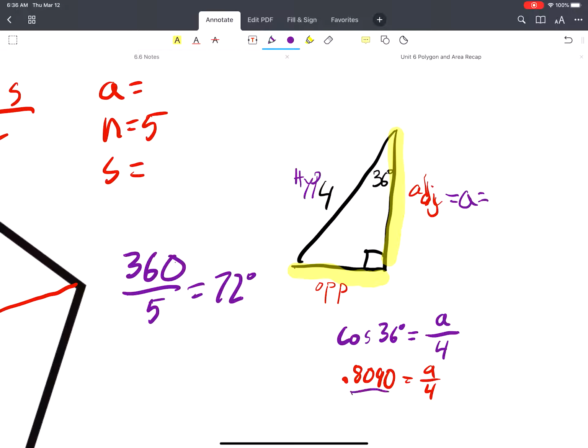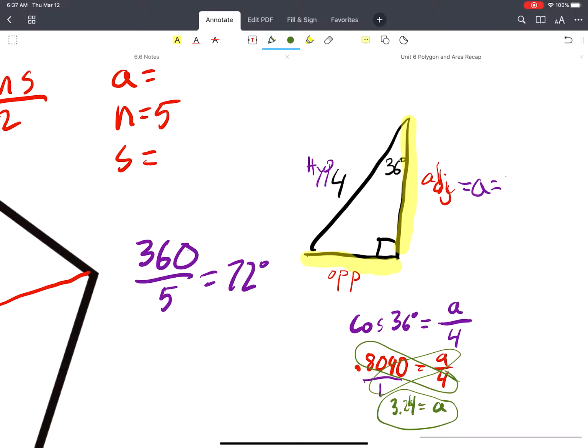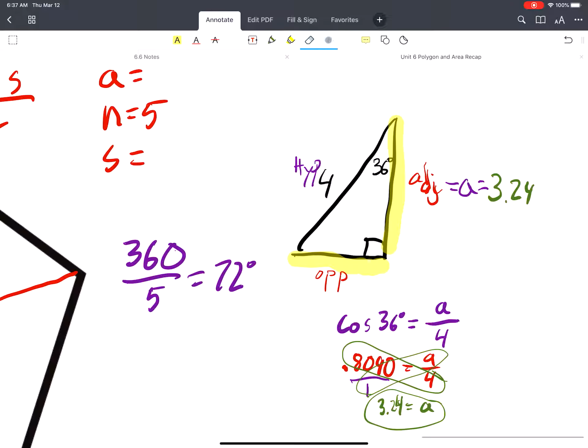Now this fraction is just over 1, so if I want to cross multiply using the cross product property, A times 1 is just going to be A. 4 times 0.8090 is going to get us about 3.24. So our apothem is 3.24.